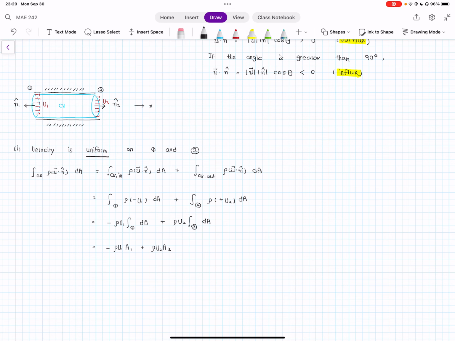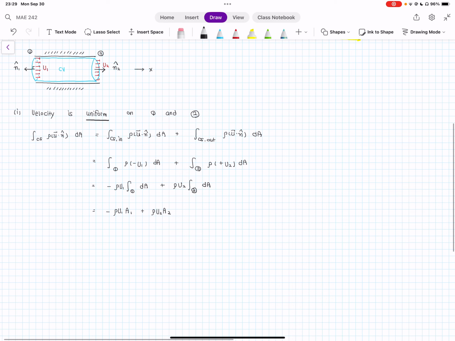But things get a little bit more difficult if the velocity is not supposed to be uniform. Say on this control surface, let me redraw the control surface only.